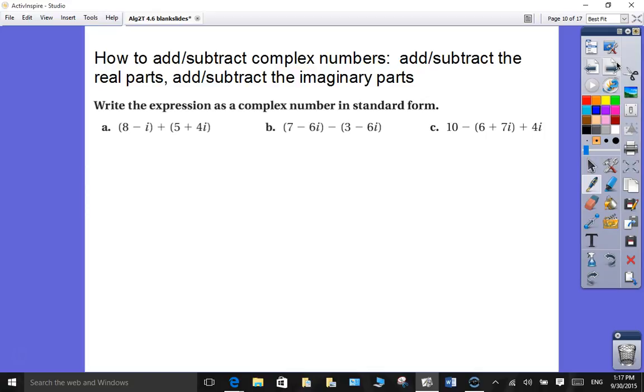So it looks like this. Right, these parentheses on letter A don't do anything for us. So 8 minus i plus 5 plus 4i. Okay, I need to add the real parts. What are the real parts? 8 plus 5. And then I need to add the imaginary parts, negative i plus 4i. So that is 13 plus 3i.